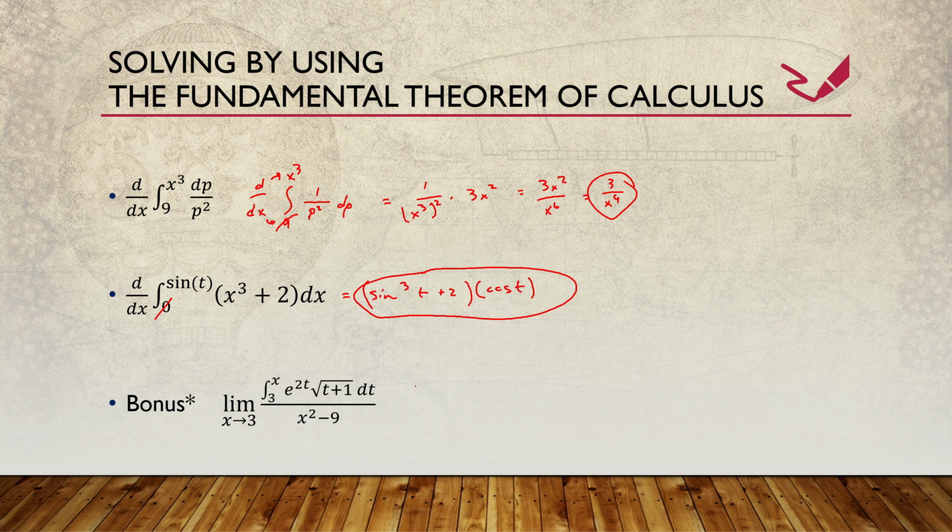But if it was upside down, for example, if you had x on the bottom and 3 on the top, you would have to take the negative of it. So it would be negative integral of x to the power of 3. That is a very important thing that I want to mention. Whenever anybody is doing calculus, don't forget that. It's very important. Know your upper and lower bounds.